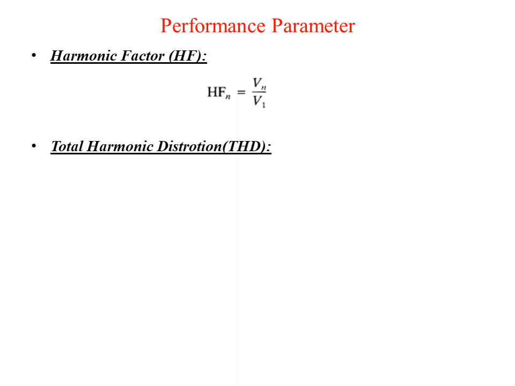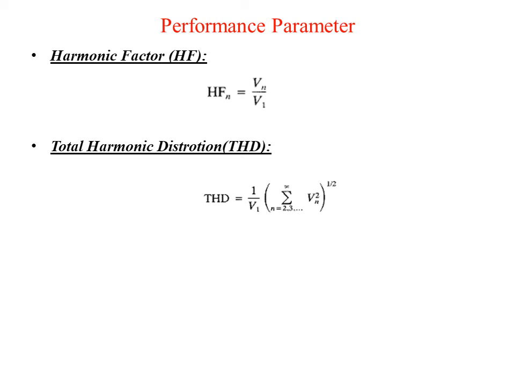Second is total harmonic distortion, THD. The total harmonic distortion, which is a measure of closeness in shape between a waveform and its fundamental component, is defined as THD is equal to 1 divided by V1 into under root summation n is equal to 2, 3, 5, 7 up to infinity Vn square.